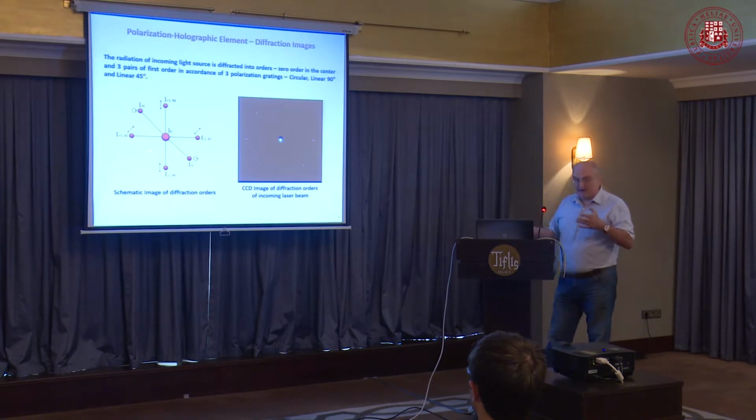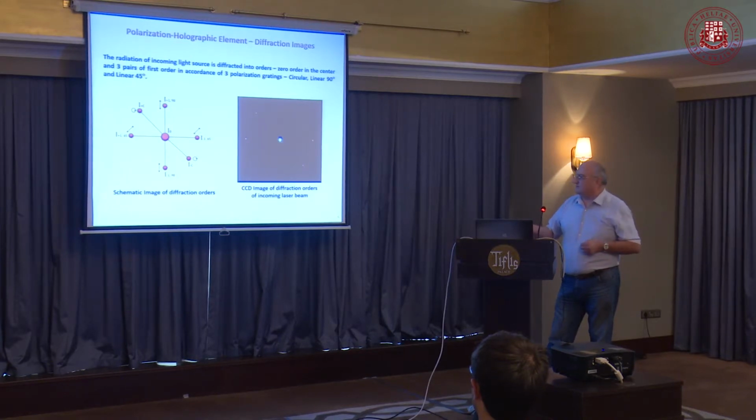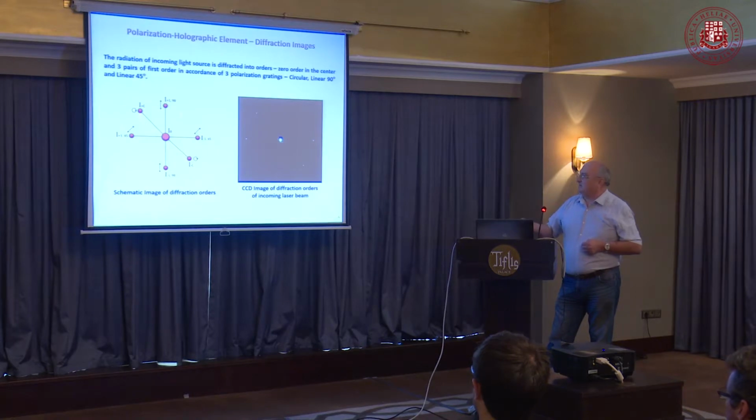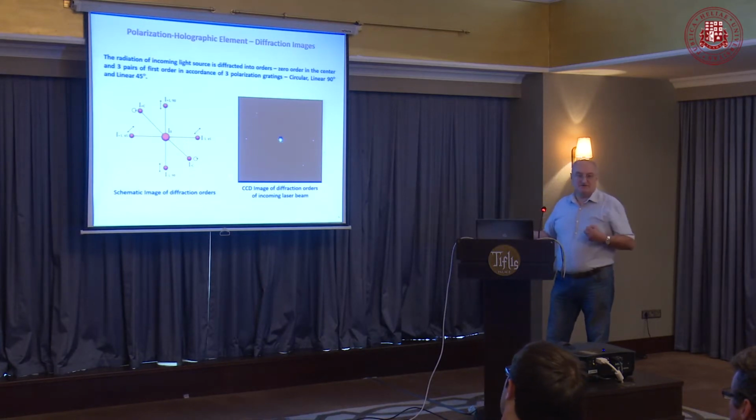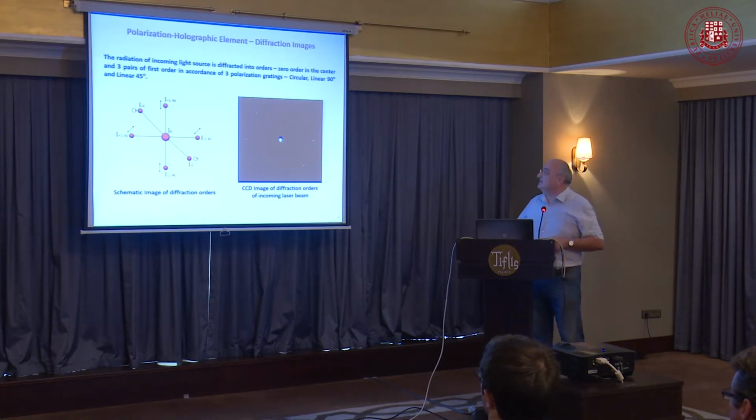As soon as we have diffraction gratings, we have diffraction, of course, and we have diffraction orders. So we have the zero order here, and the first order diffractions. The intensities of these orders are the most important for us, and that is what we use in getting the final results.